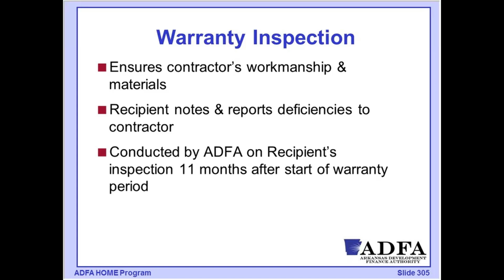We mentioned in the procurement chapter that we could eliminate a bid if we deemed that contractor not to be responsible. One of those elements would be a contractor that has a track record of deficiencies with the kind of work they were doing or the timeliness of that work.